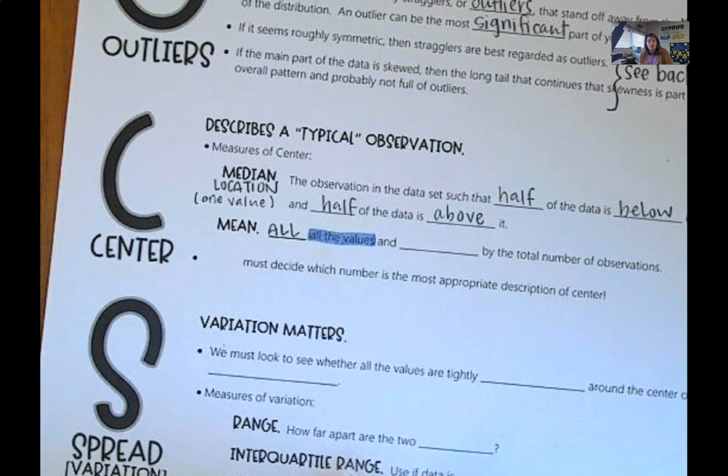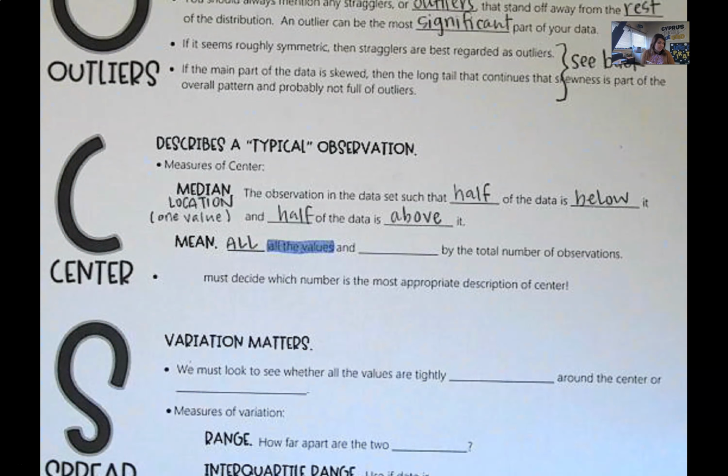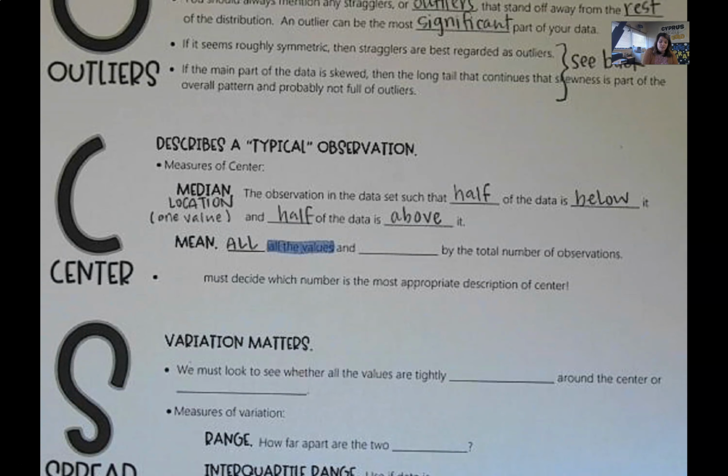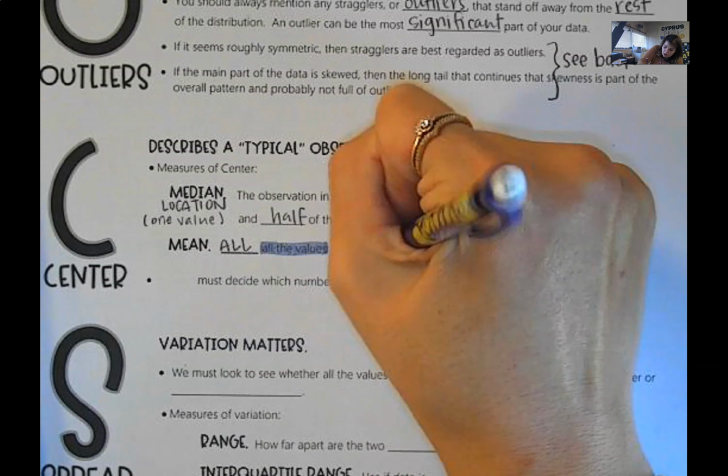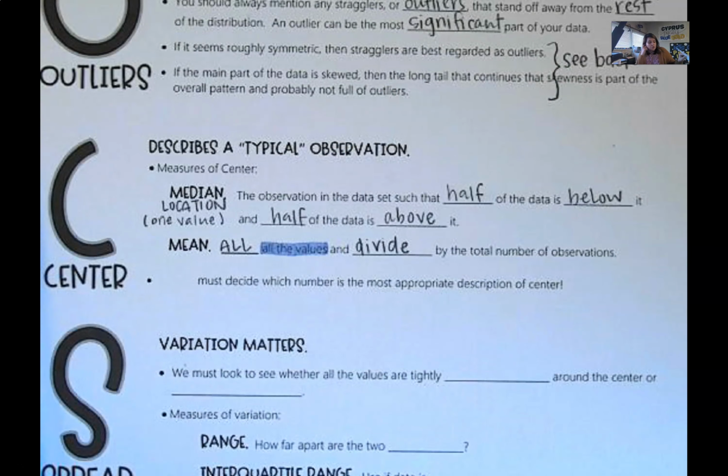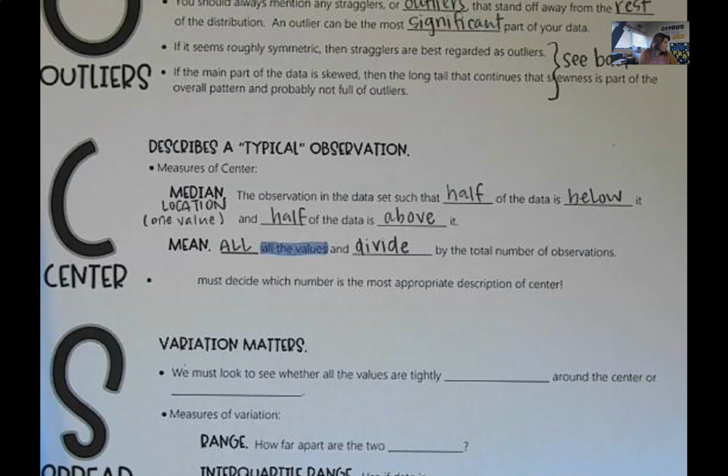We add all of the data values in our data set. And then we divide by the total number of observations. So the mean is a best case scenario situation because it gives us information about all of the data values.